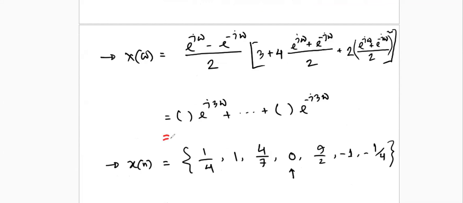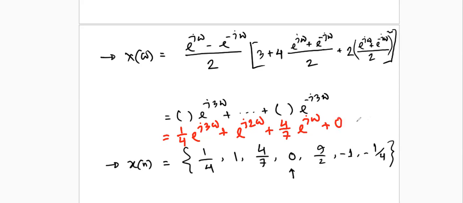If I write it here, it will be like 1/4 e to the power j3 omega plus e to the power j2 omega plus 7/4 e to the power j omega plus, there would be no value for e to the power 0, that means that is 0.